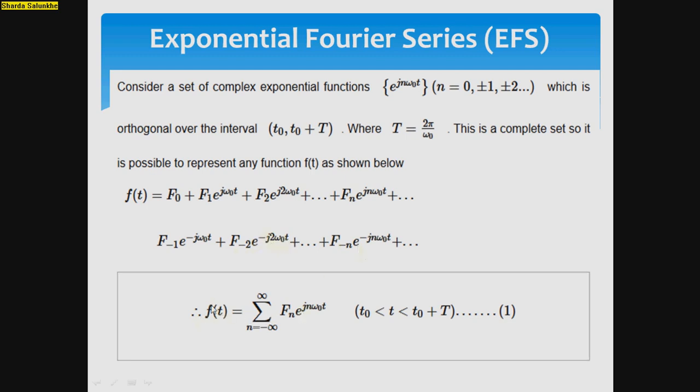So the Fourier function f of t is equal to the summation from n equal to minus infinity to infinity of fn e raised to j n omega 0 t. These are the positive coefficients of the function and these are the negative coefficients. So function f of t is equal to the summation n equal to minus infinity to infinity of fn, or any signal x of t, times e raised to j n omega 0 t for the period t0 to t0 plus T.